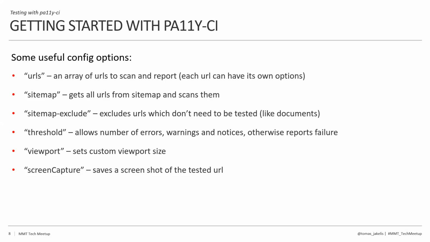For screen capture, I think this folder structure needs to be available, as Pa11y CI won't create folders for us. So these are, I think, at least the most used options I came across.